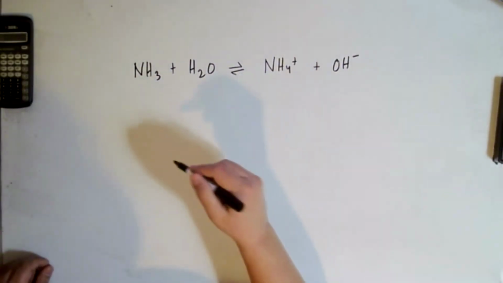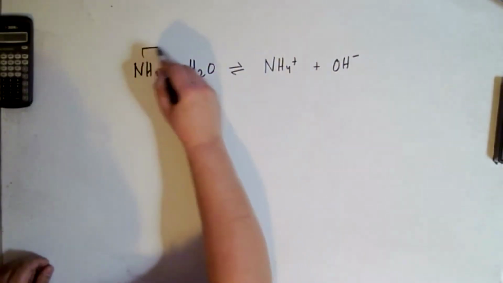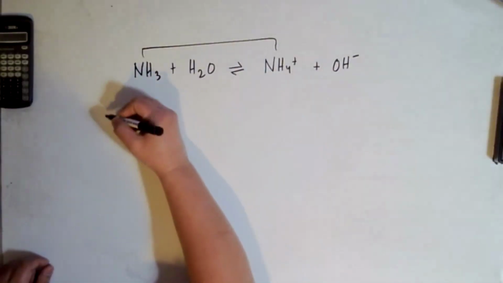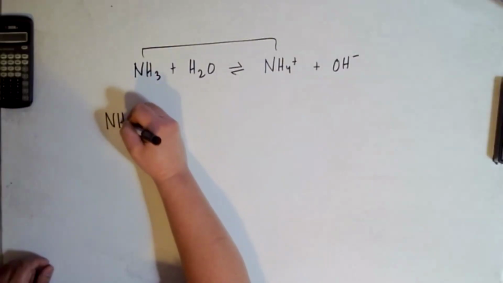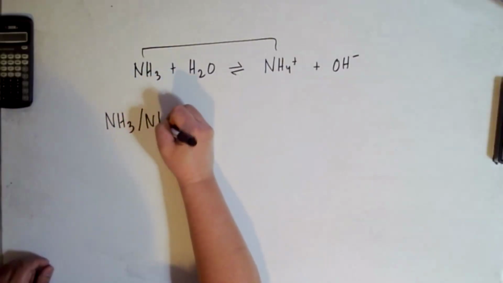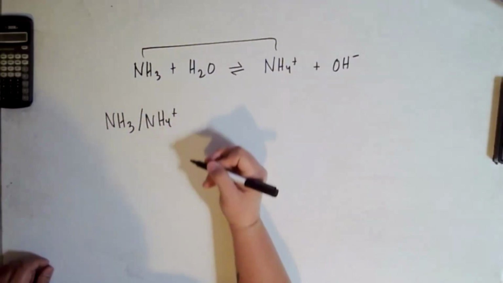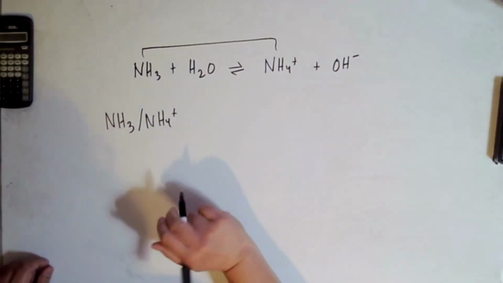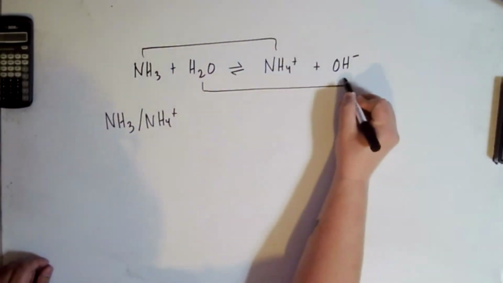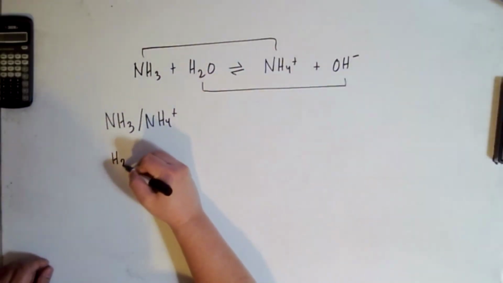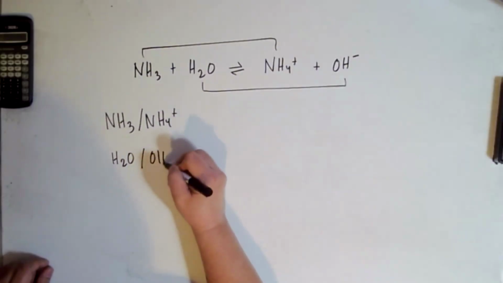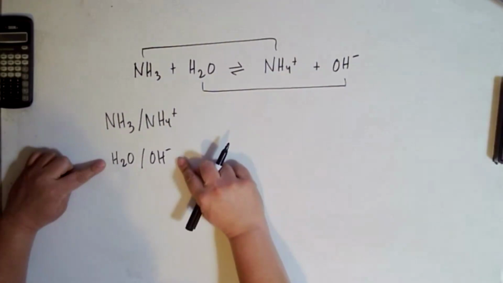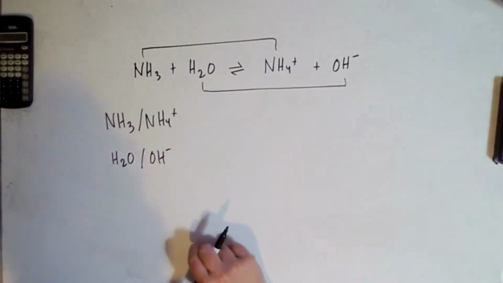We're going to have the NH3 to NH4, all right? That's going to be one acid-base pair. The second acid-base pair is going to be here: H2O and OH minus.